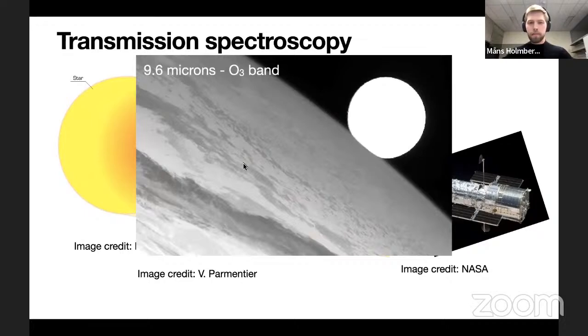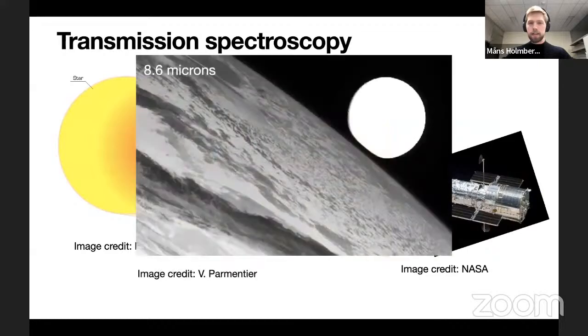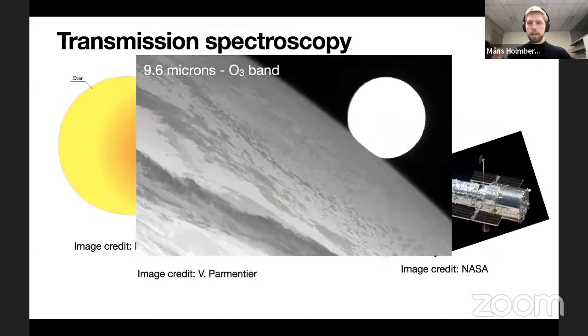And the atmosphere becomes more opaque. So you can see the difference. I will do that again. The radius of the Earth appeared to change. It appeared bigger in this other wavelength band.